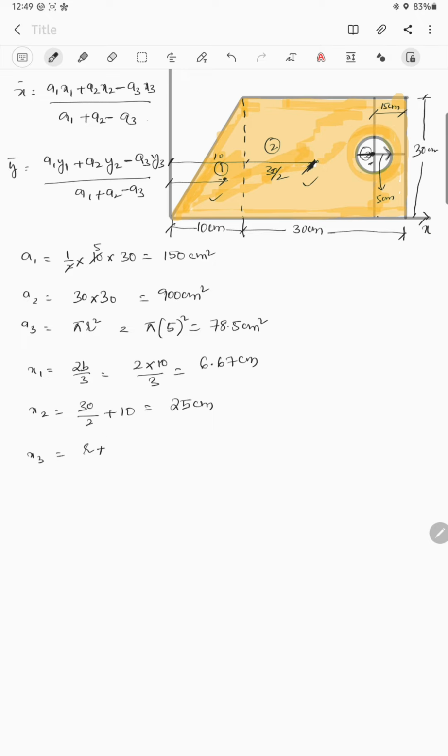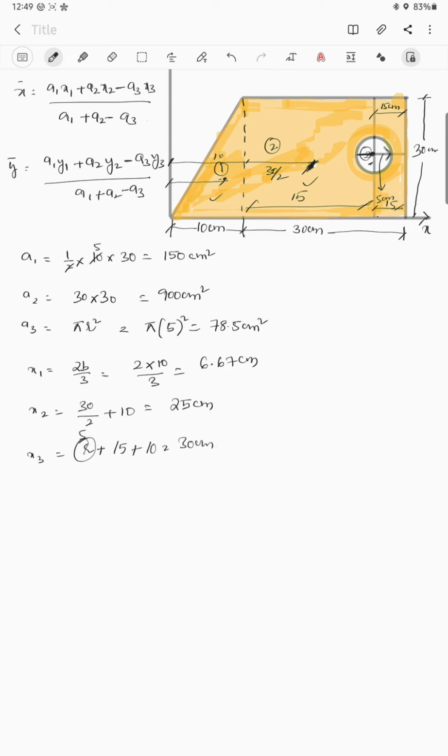So it will be r plus 15, plus 10. What is the value of r? We have 5. So 5 plus 15 plus 10, totally we get 30 centimeter for x3.